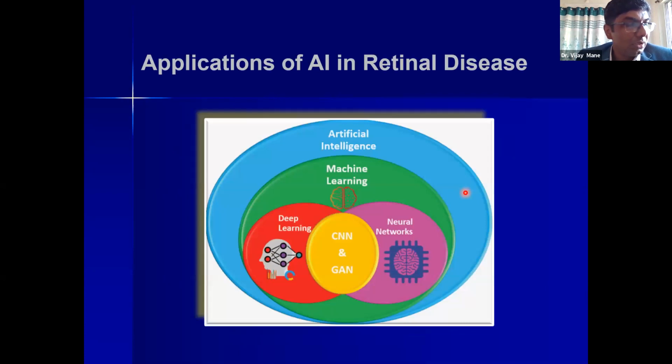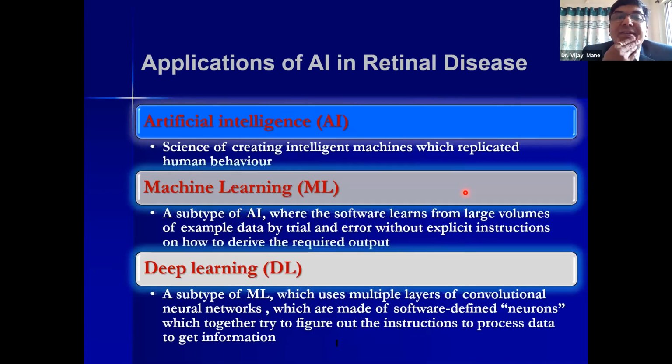We all know that deep learning is a subset of machine learning, which is a subset of artificial intelligence. You must be aware that artificial intelligence is nothing but the science of creating intelligent machines which are going to replicate human behavior.